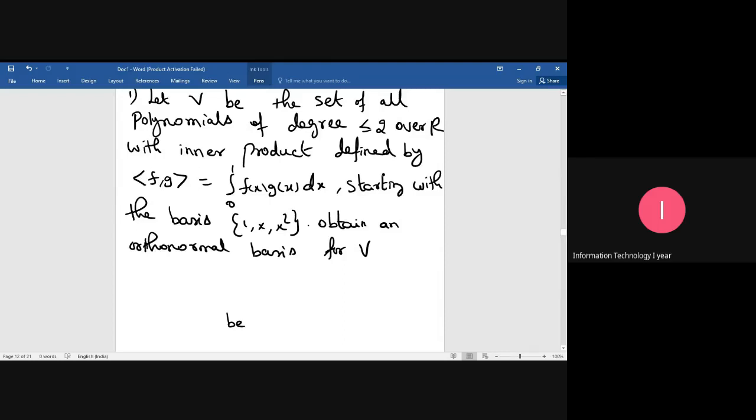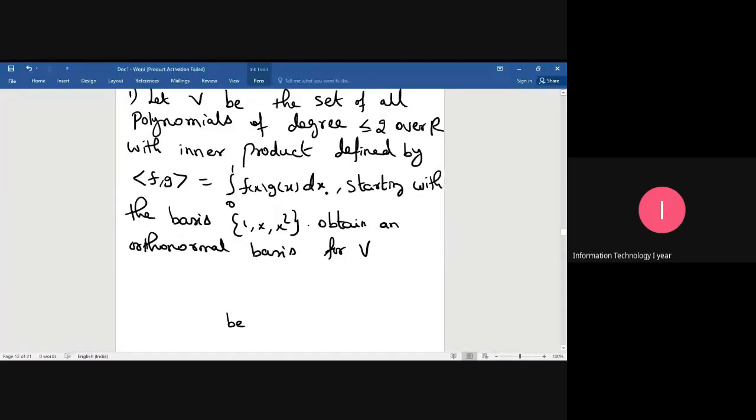With inner product defined by: inner product of f comma g equals integral 0 to 1. The previous problem actually had integral minus 1 to 1. The question is similar, but the limit is different. It is 0 to 1. The inner product of f comma g is f of x into g of x dx.